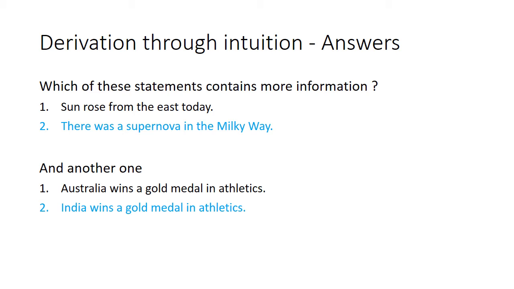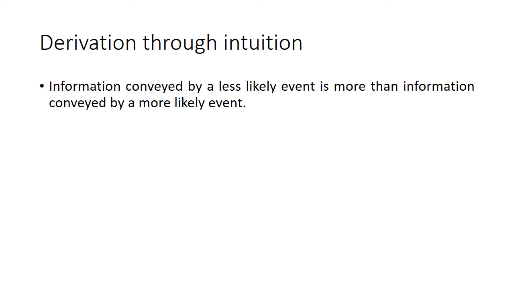It's so rare that the information conveyed by this event would be much more than if an Australian were to win a gold medal. So to summarize, the information conveyed by a less likely event is more than the information conveyed by a more likely event, and that's a fact.